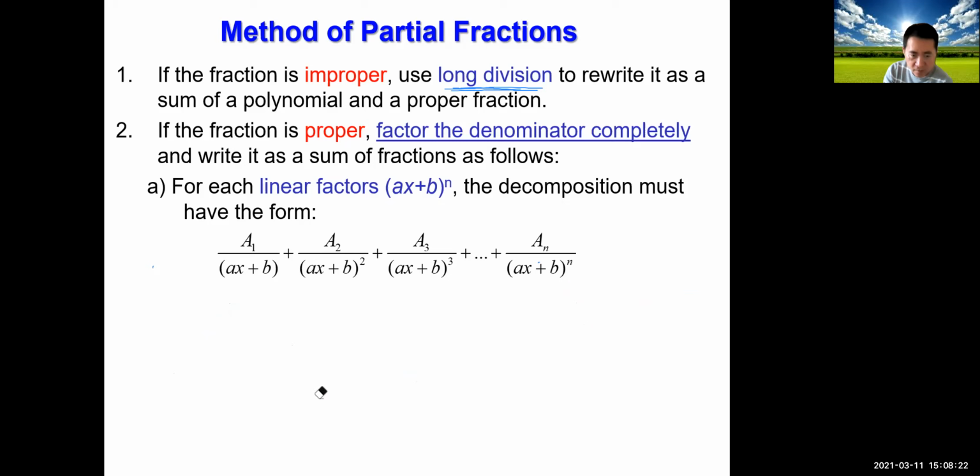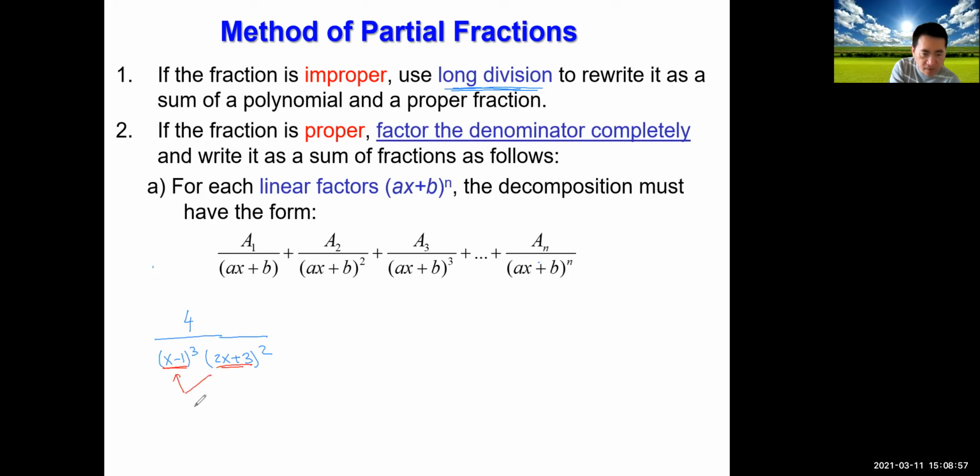Let's say your denominator is x minus 1 cubed times 2x plus 3 squared, like that. Then notice that I have 2 distinct factors, the x minus 1 and the 2x plus 3.